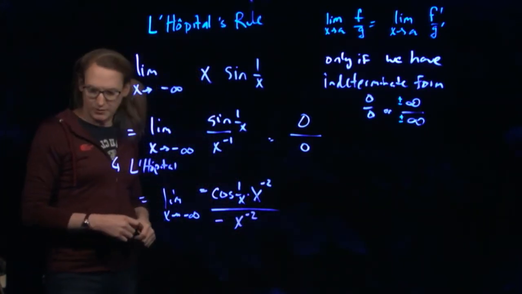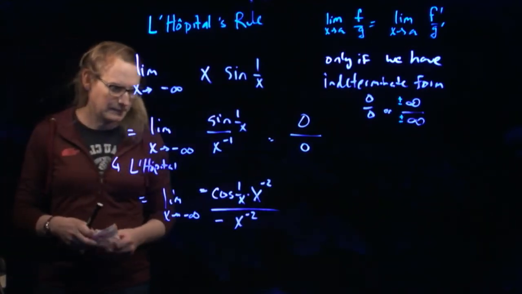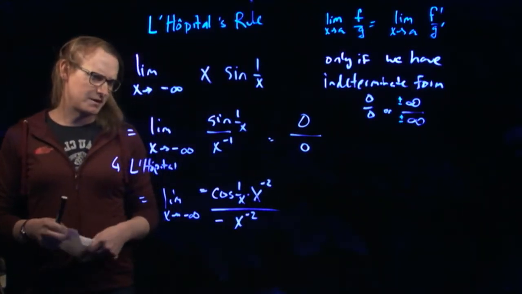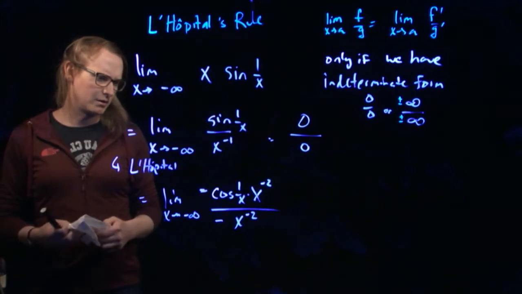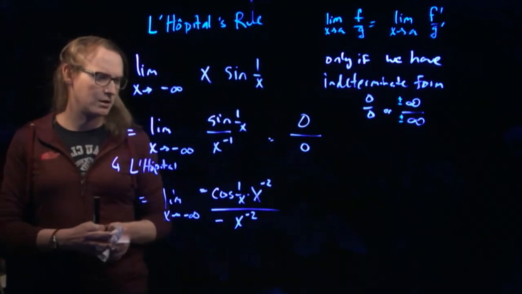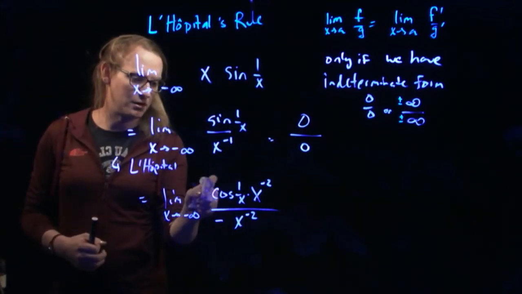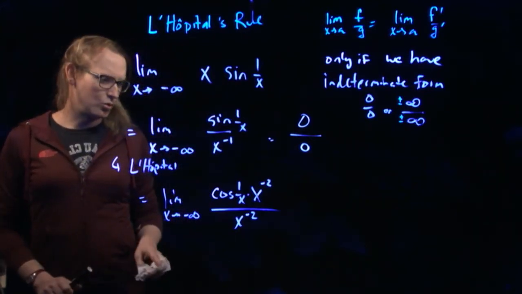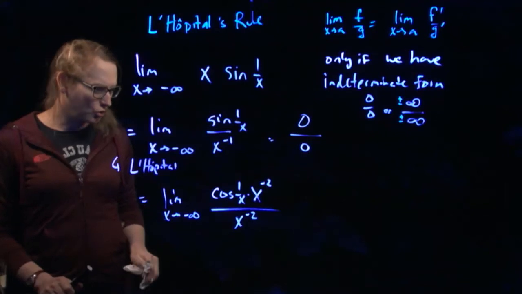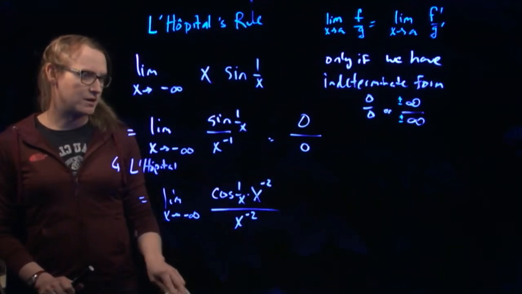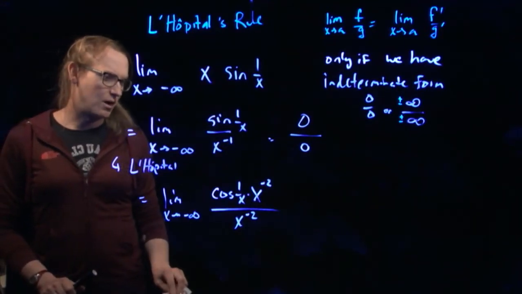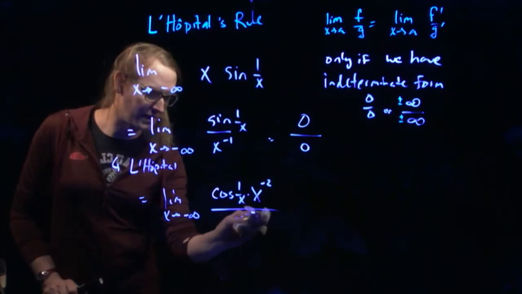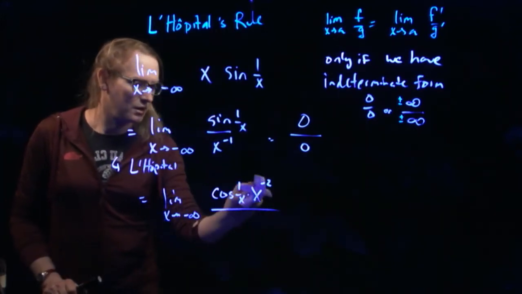And now we'll simplify. So I've got minus signs in the numerator and denominator, so they're going to cancel. Ooh, and I've got x to the minus 2 in both the numerator and denominator, so I'm going to let those cancel also.